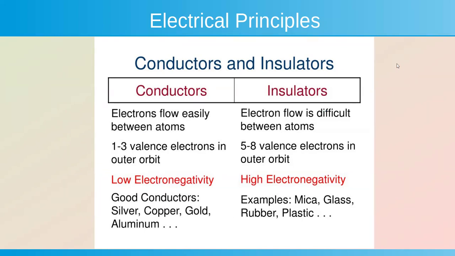So a comparison of conductors and insulators, as I mentioned before, the conductors have 1 to 3 valence electrons. The better ones have 1, like copper and silver. Insulators have almost a full shell, which is up to 8.